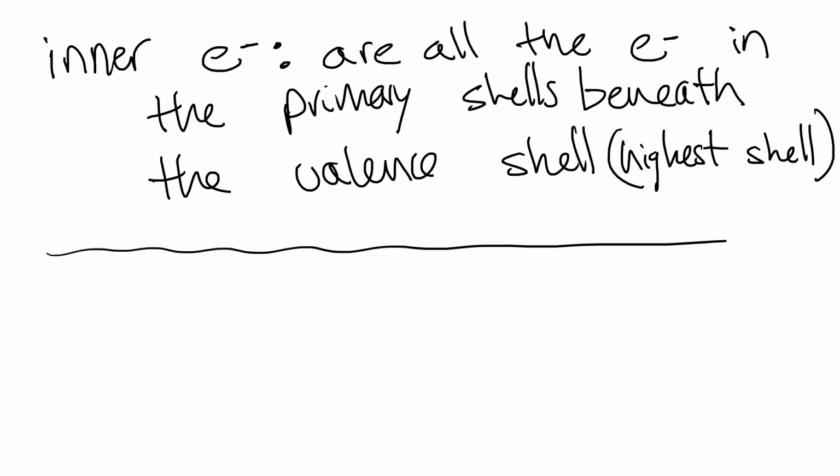This 2, 1, 2, 3, 4, 5, 6, 7, those correspond to the highest primary shell for what we call the primary blocks, which are the S and P blocks. The D block is not a primary block. When you hit 4, you fill 4S1, 4S2, and then you backfill 3D. This is 3D. You backfill 3D, and then you start filling up 4P.